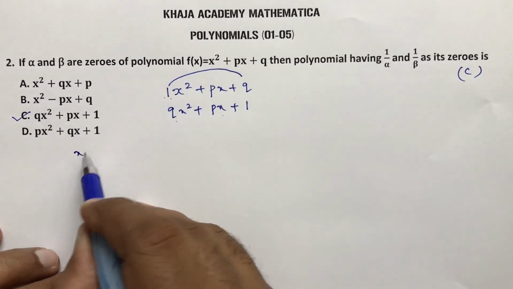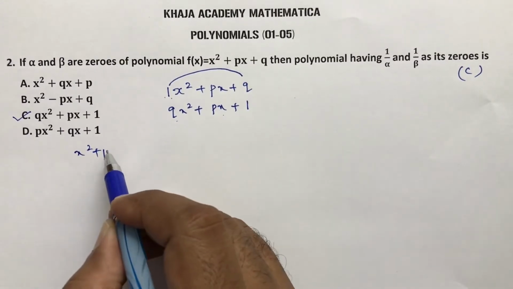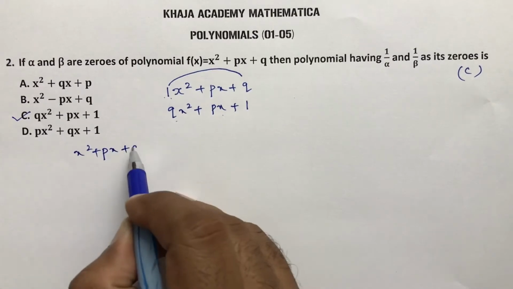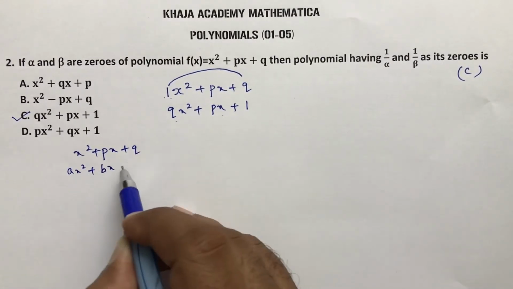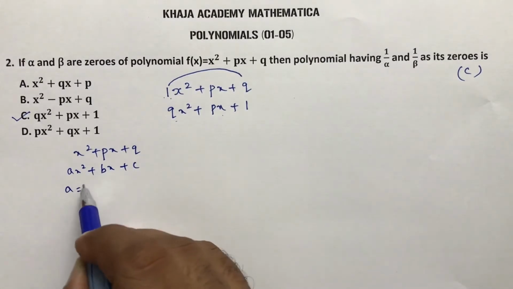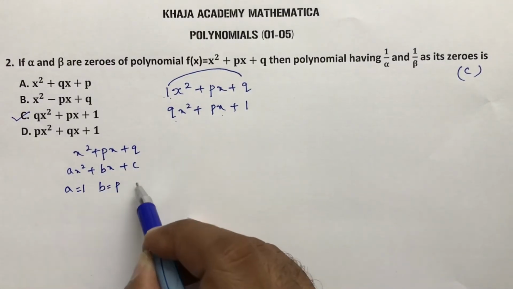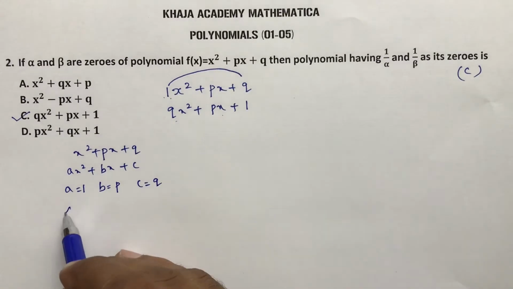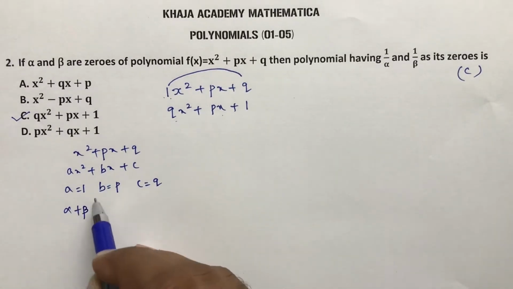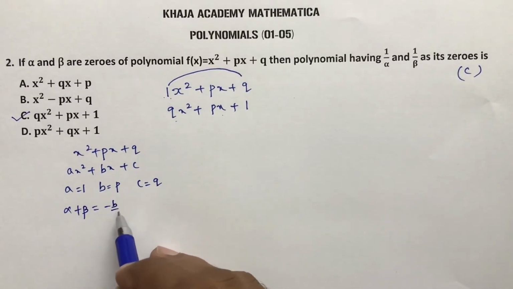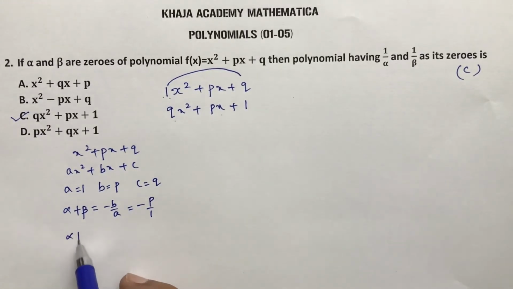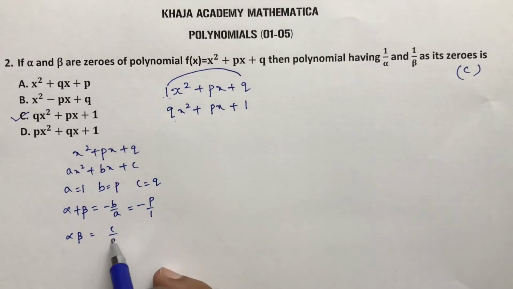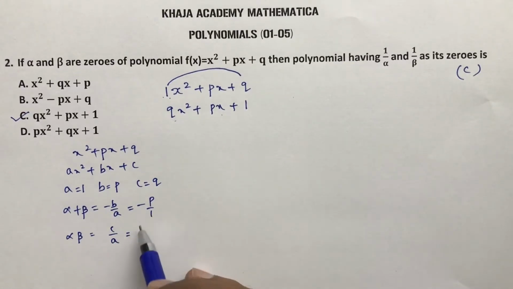Now say x square plus px plus q. If you compare with the standard one, ax square plus bx plus c, a value is 1, b is p, c is q. So alpha plus beta is minus b by a, so minus p by 1. Next alpha into beta is c by a, c value is q by 1.